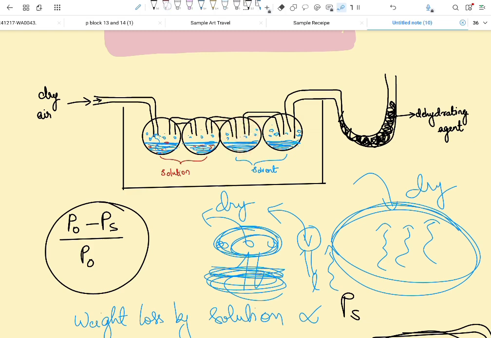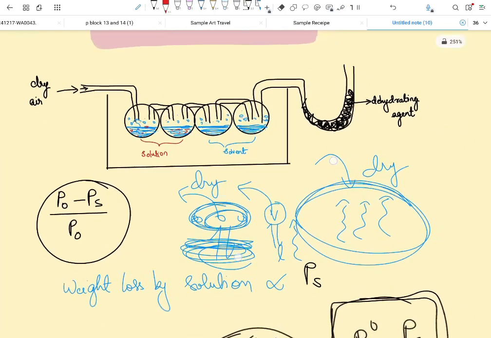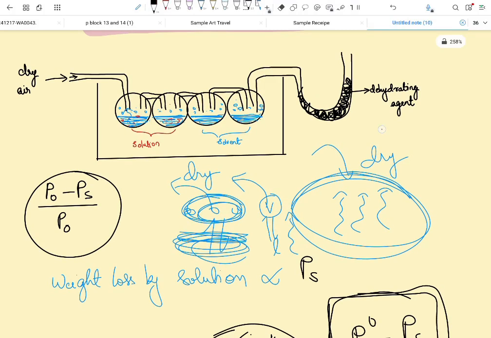Definitely we know that P0 is greater than Ps, so there will be more vapor pressure there. So more dry air will get saturated with this solvent, but that depends on how much lowering there is, so that more dry air gets passed to the solvent.